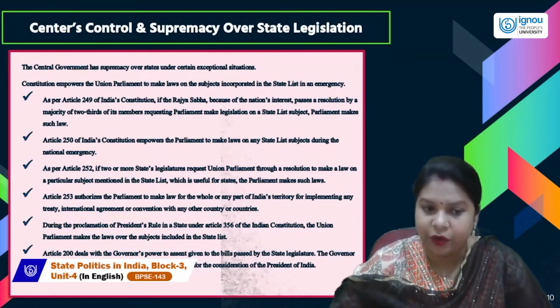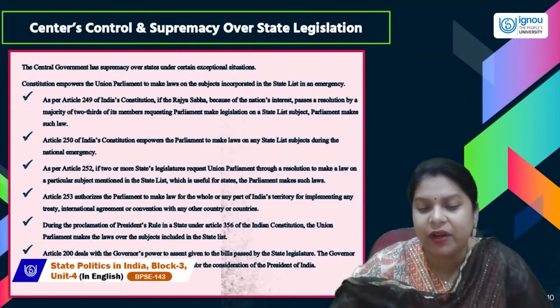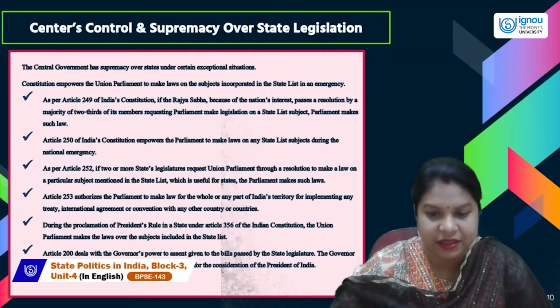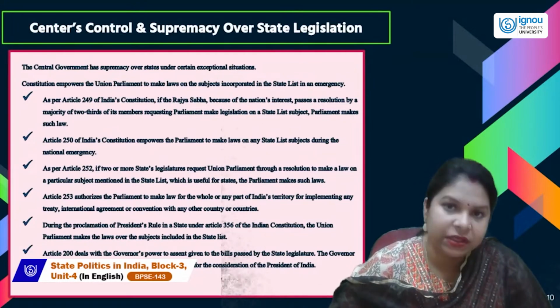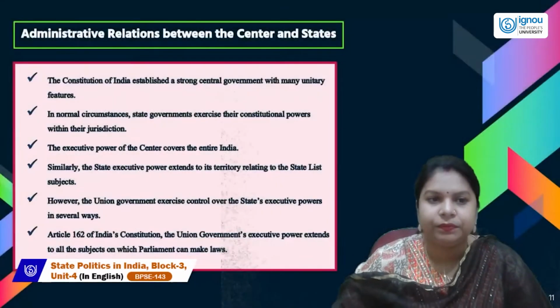Similarly, Article 200 deals with the governor's power to assent to bills passed by the state legislatures. The governor may reserve specific bills passed by the state legislature for the consideration of the President of India.